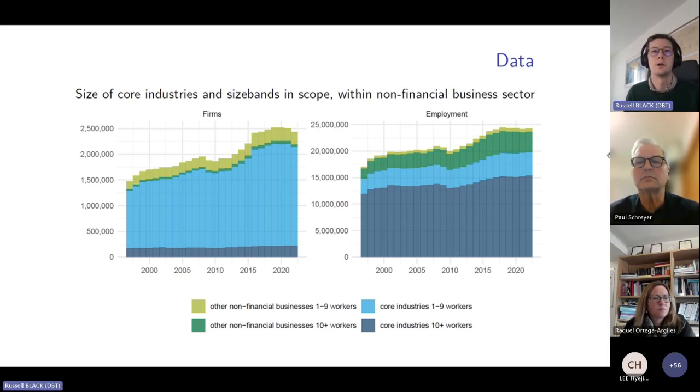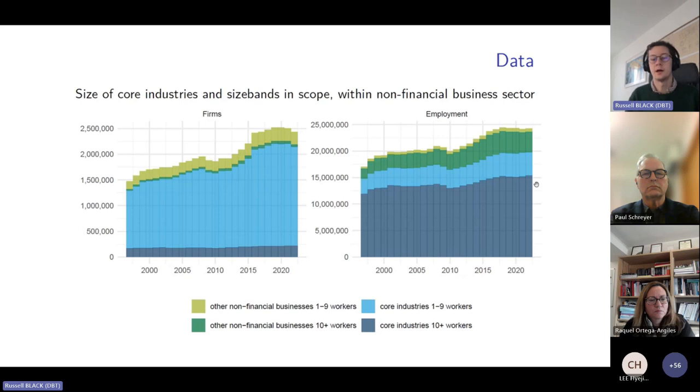So we're not taking all the people who are working in companies that are 1 to 9 workers, which is the amount here. And we're not taking the non-core industries. We're taking manufacturing, construction, and most services. So already we're not going to talk about some of the causes of growth because we're just focusing on only these 12 to 15 million workers out of the total.